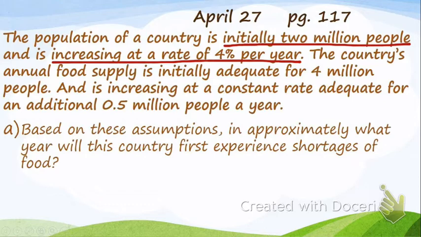So do they have a shortage or a surplus right now? They have a surplus because they have 2 million people and they have enough food for 4 million. It's increasing at a constant rate, adequate for an additional 500,000 people a year.